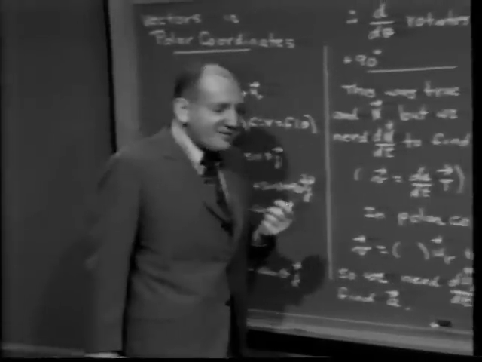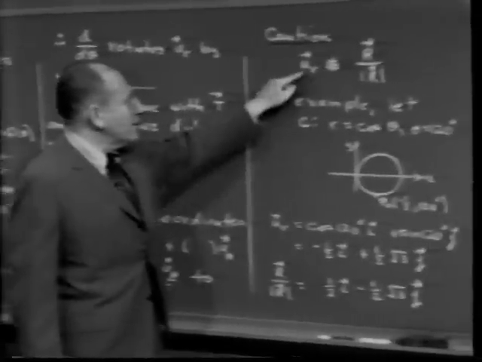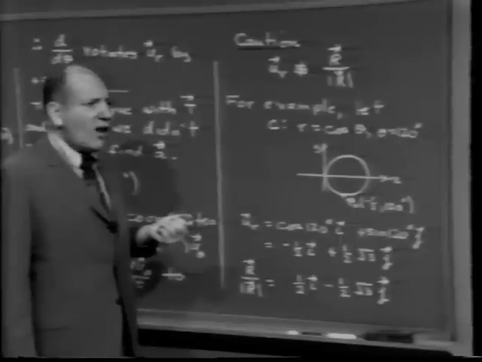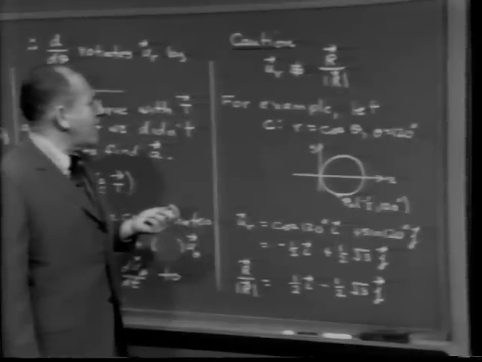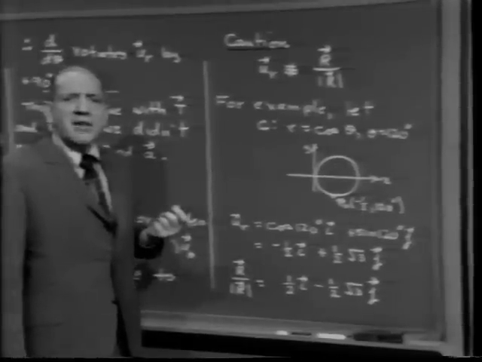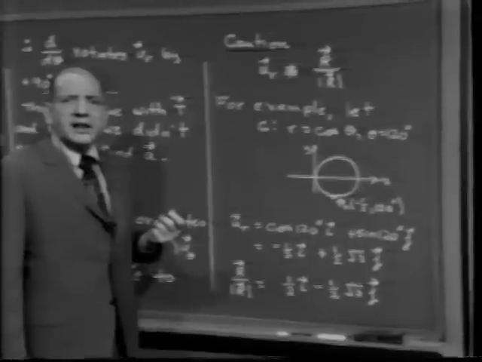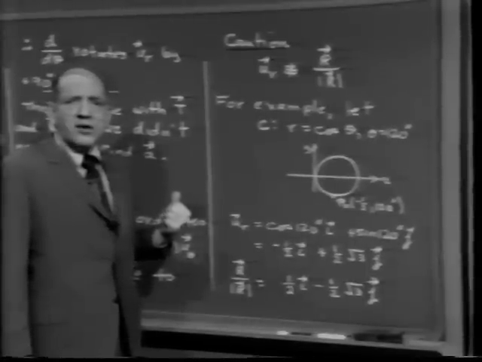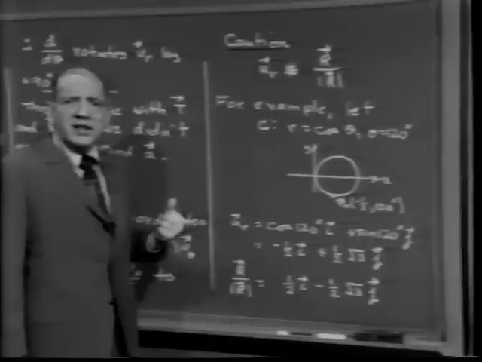So far, so good. But now I want to make one little caution, a caution which is not at all self-evident, at least to me, and which gave me great difficulty myself when I was a student. And that is, my feeling was that u sub r was simply the unit vector in the direction of r. In fact, I said that earlier, that u sub r was the unit vector in the direction of the radius vector r.